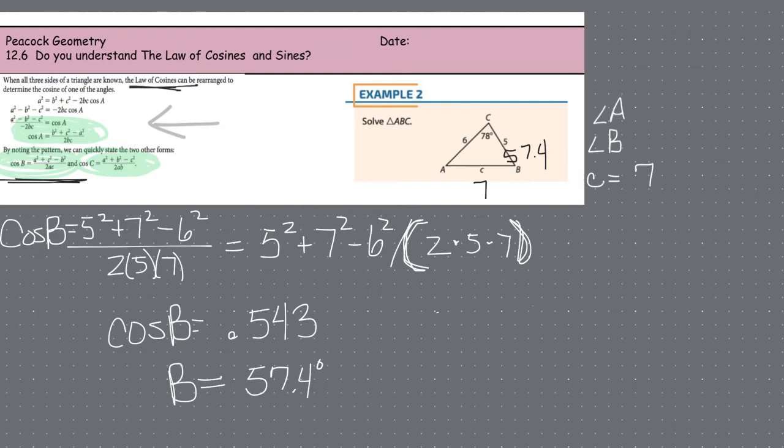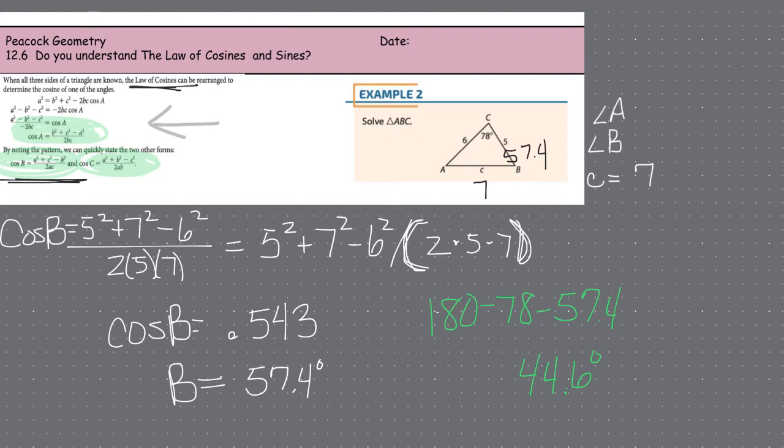Now, if you really want, you can use the cosine of A and find A, or you can say, look, I know two angles of this triangle. I can find the third angle because 180 minus 78 minus 57.4 is equal to 44.6 degrees.